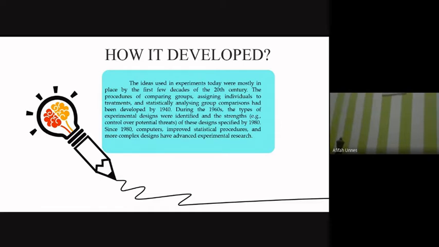During the 1960s, the types of experimental design were identified and the strength of this design specified by 1980. Since 1990, computers improved the statistical procedures, and more complex designs have advanced experimental research.